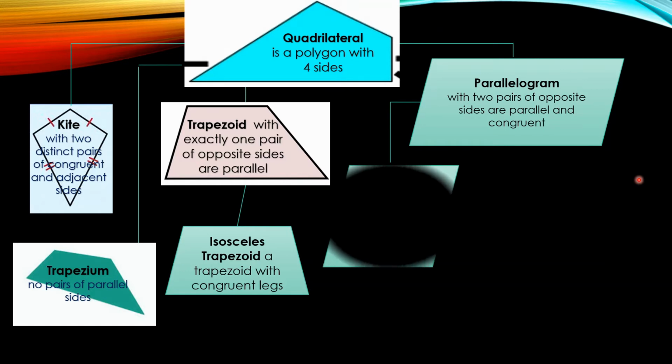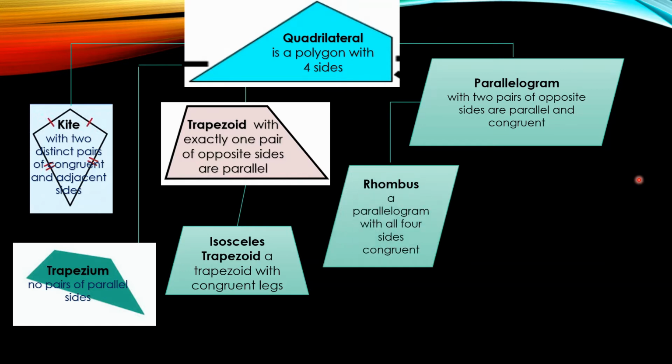Under parallelogram, so we have, okay, in this parallelogram, the rhombus. Again, two pairs of opposite sides are parallel and congruent. So, it also has two pairs of parallel sides. The upper part and the lower part are parallel.